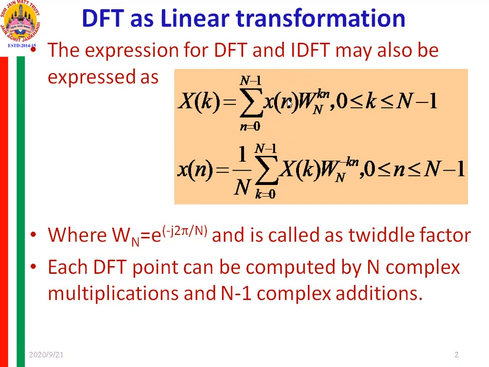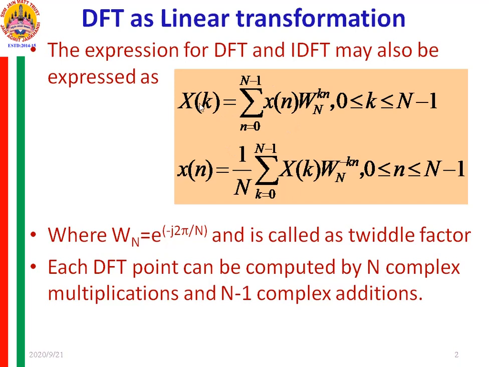To compute each DFT point by complex multiplication and complex addition, we need to expand this summation expression. Suppose that I am finding this capital X 0, then in the equation I will first substitute k is equal to 0, and then vary n from 0 to capital N minus 1, expanding this summation expression.